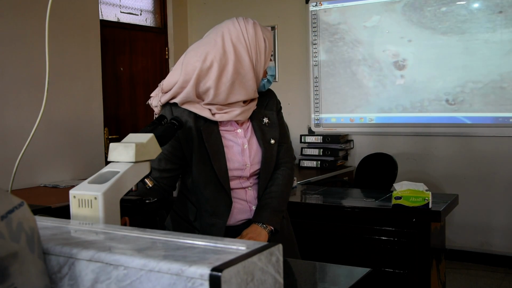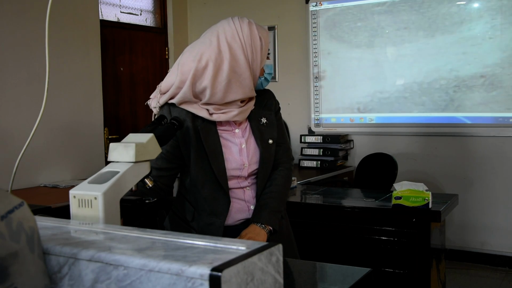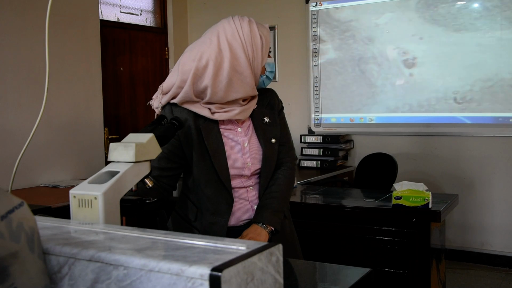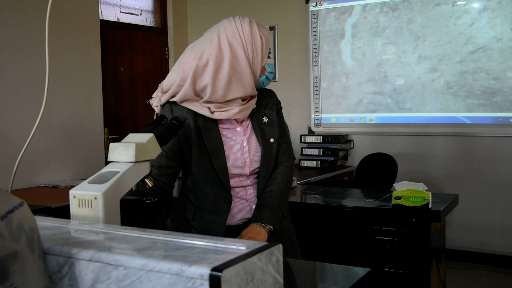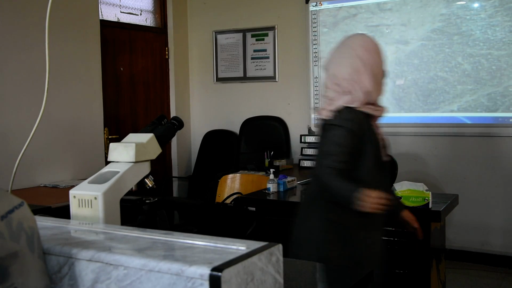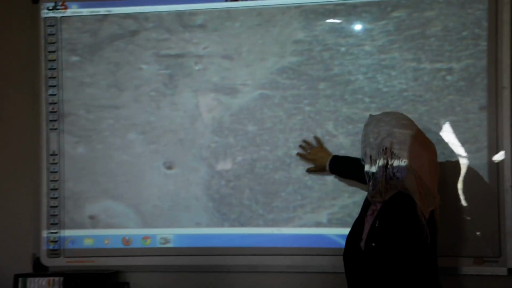And these are white matter, so we can show the differences between the white matter and the gray matter.